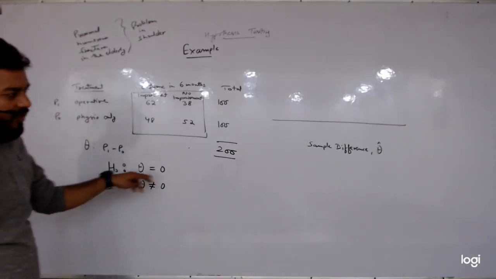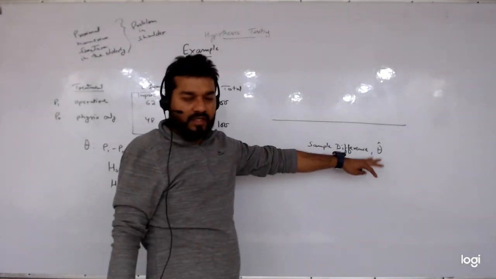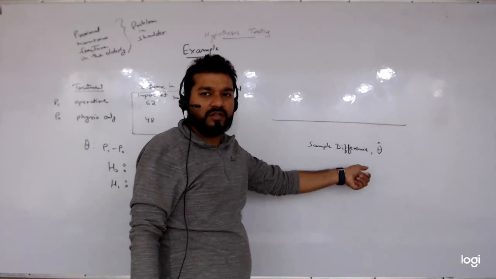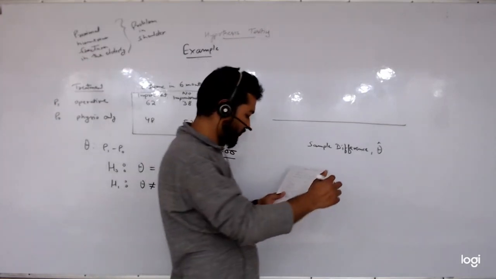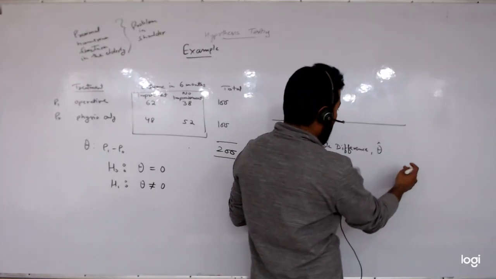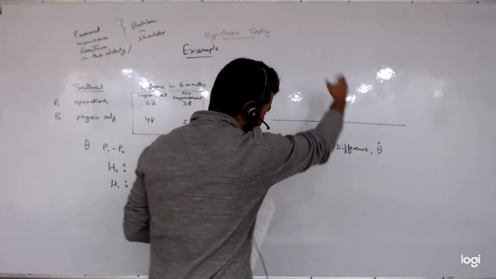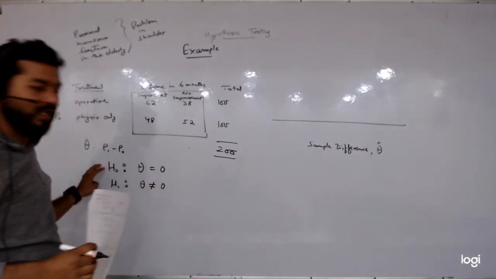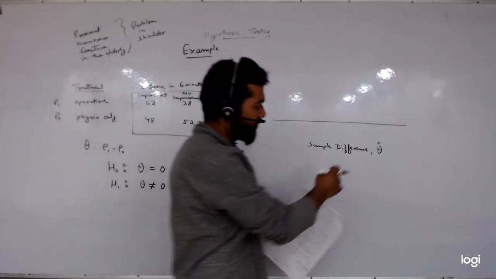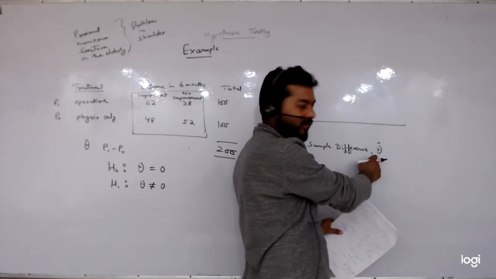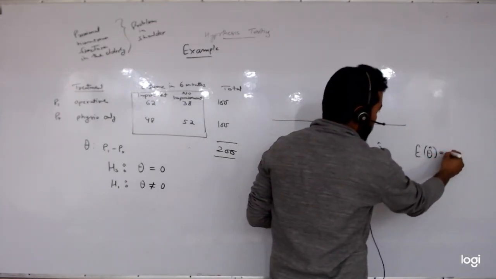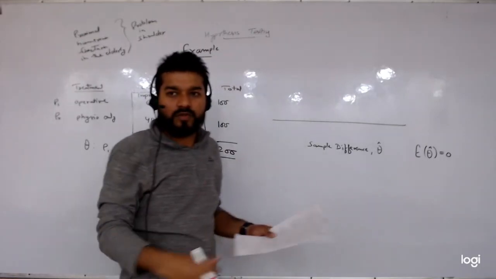This would be for population, this would be a statistic, and the general notation for statistics is we just put a caret on top of it. We're going to draw this distribution by assuming that this is true. If this is true, then our expected value for sample difference should be 0.